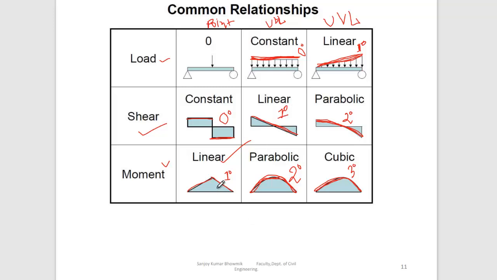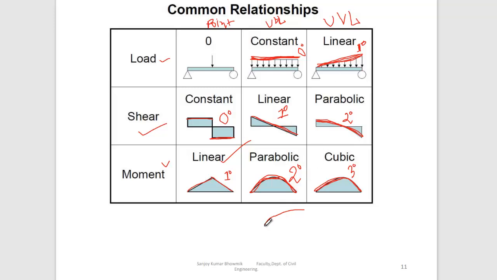So there are more situations for the line I will consider. You should know which curve is an increasing curve and which curve is a decreasing curve. Suppose, have a look, this curve is decreasing. Do you understand?